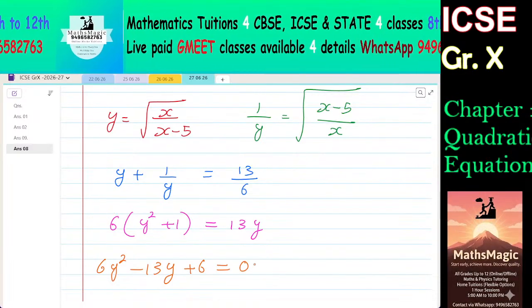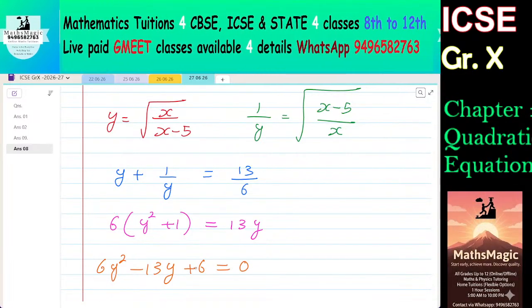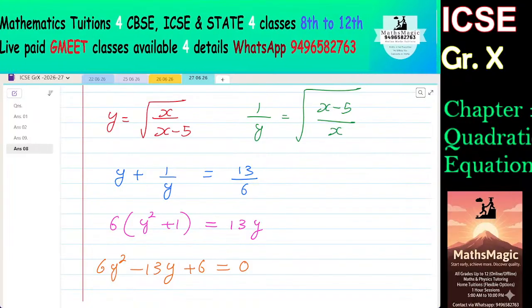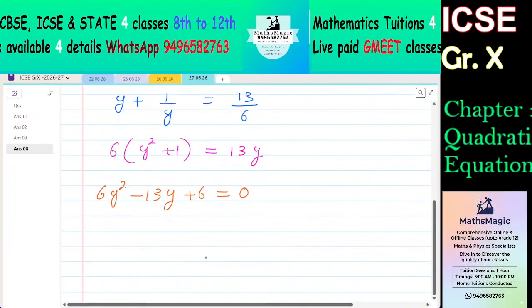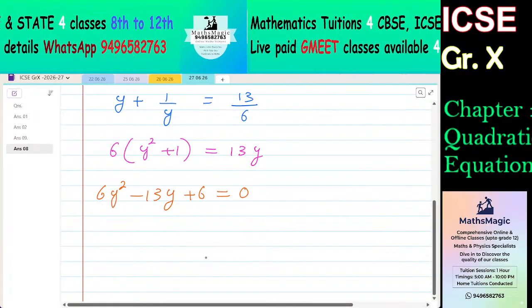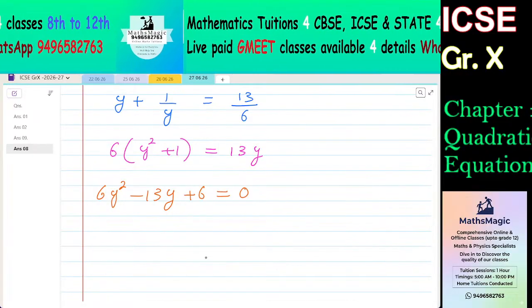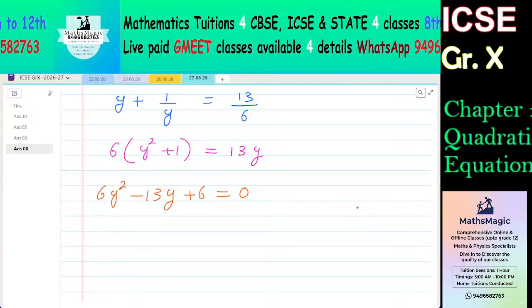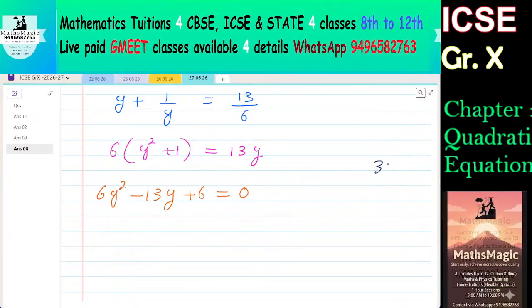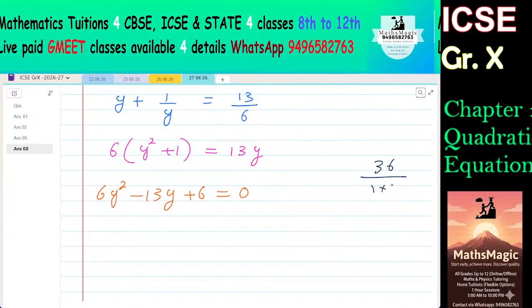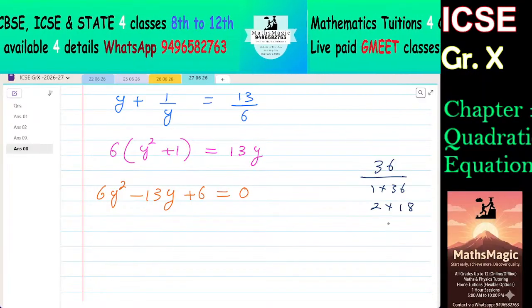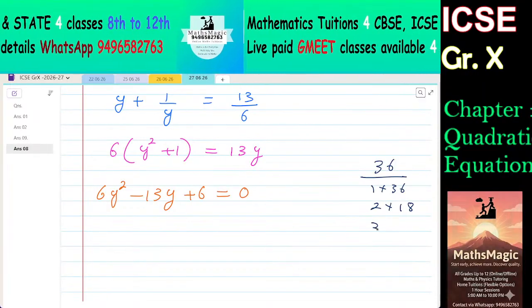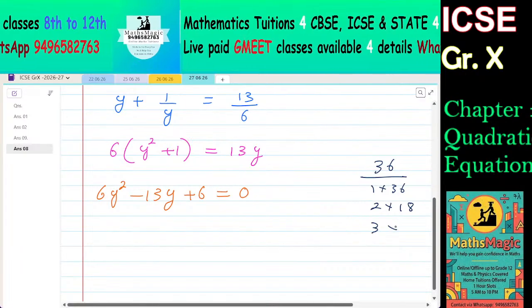Am I right? 6y squared is there, plus 6 is there. Now you need to factorize this. Sum is negative, product is positive 36, sum is negative 13. 36: 1 times 36, no way, 2 times 18, no way, 3 times 12, yeah, it works.